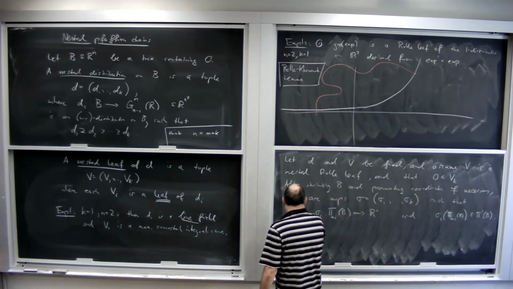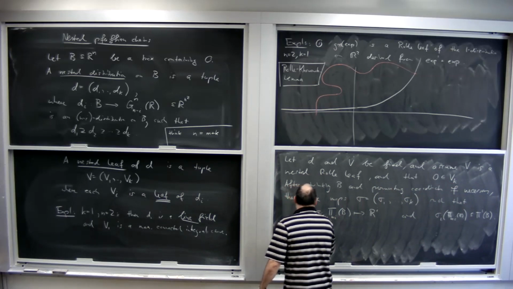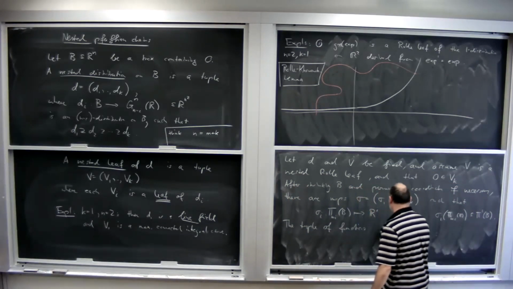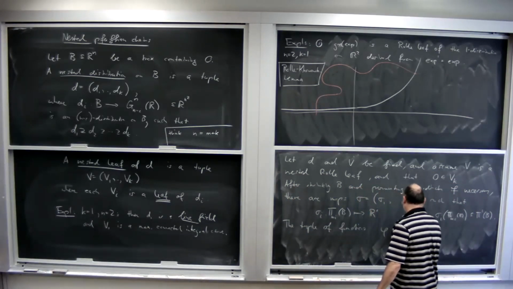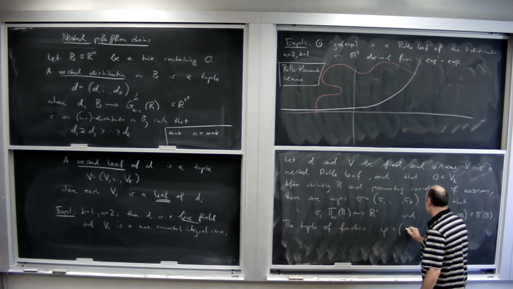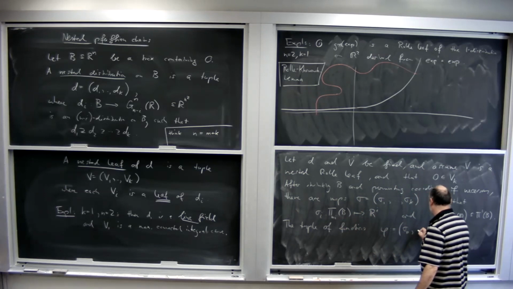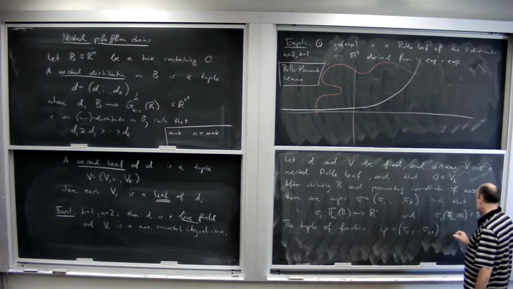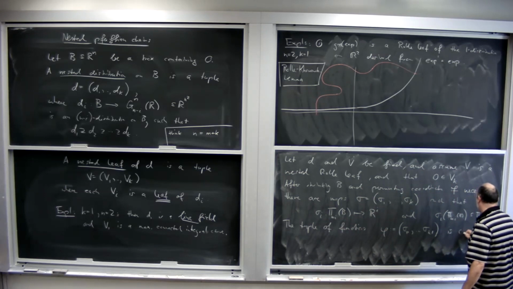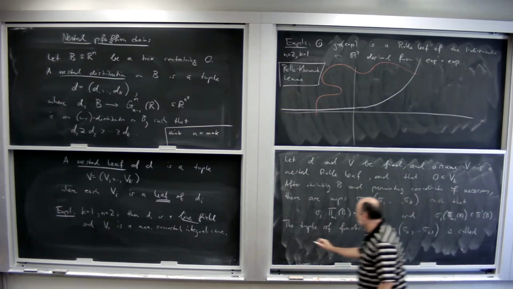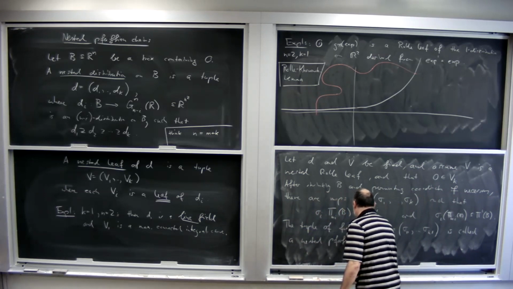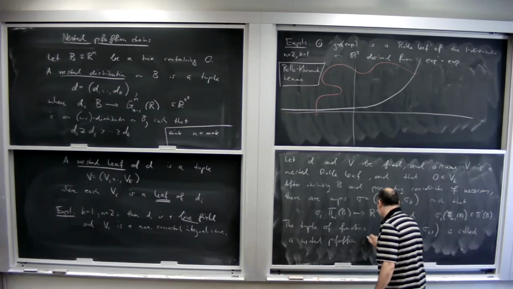So the tuple of functions phi, which just keeps the first component of each sigma I, so sigma 1,1 up to sigma K,1, right? Is called a nested Pfaffian chain.